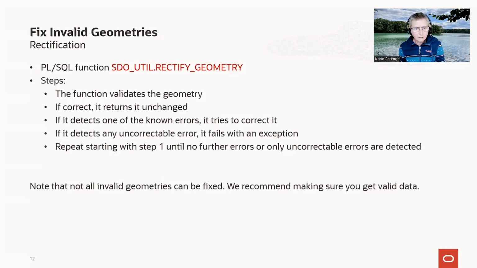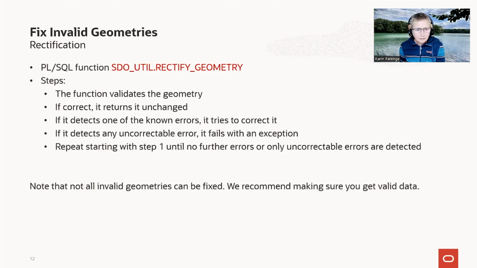There are certain cases where you will find an uncorrectable error, then you will see an exception coming up. And maybe these process steps are repeated: once you have rectified a geometry, and it turns out that even the rectified geometry has a different error, then of course you need to check it again and apply the methods to make the geometry valid.